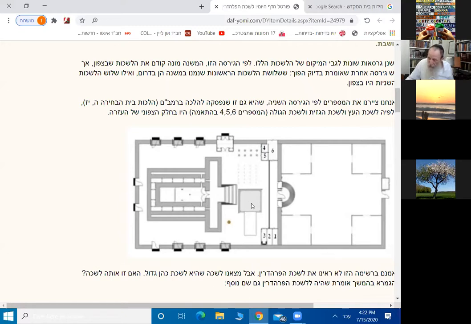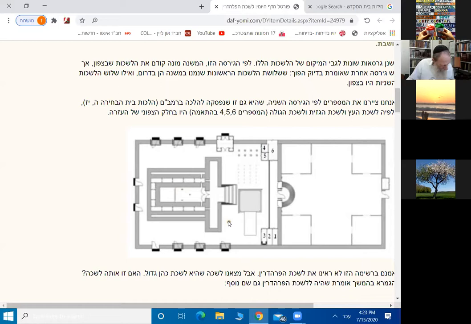Then there has to be a kiyor, like a big elevated bird bath, used for washing the hands and feet of the Kohanim. It is between the Ulam and the Mizbeach.